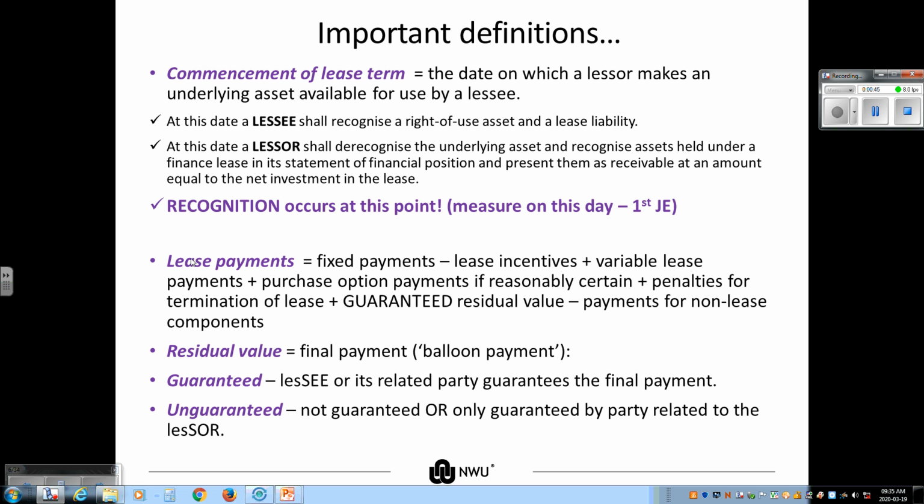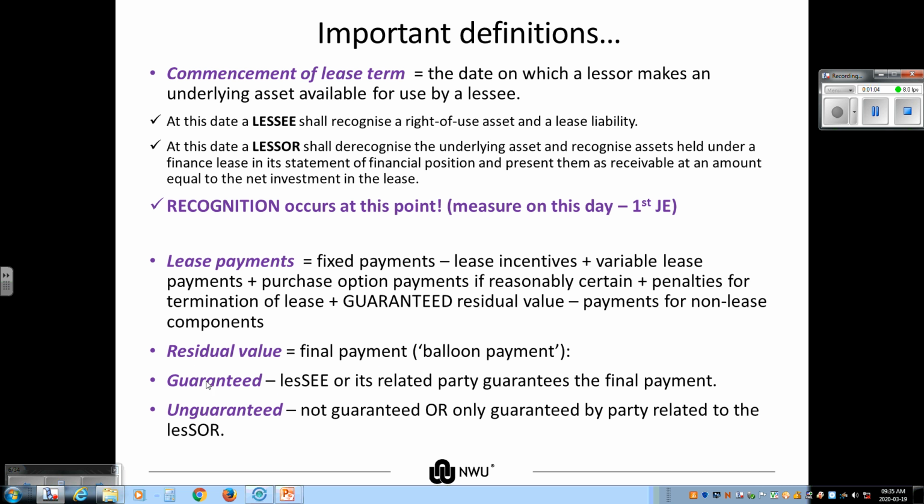So very important here is to know that in the definition of lease payments, the guaranteed residual value is already included. The residual value will be like your final payment at the end, and normally that will be your future value in your financial calculator.